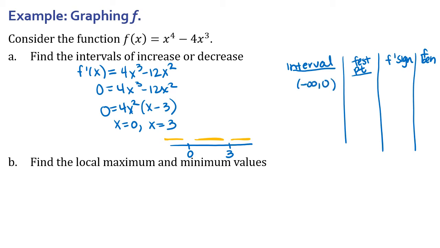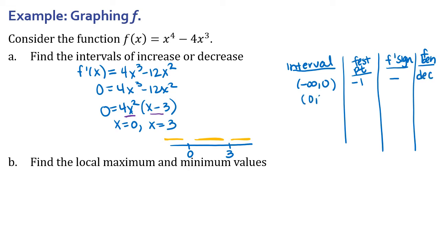For a test point, let's do negative 1. When I substitute negative 1 into my first derivative, negative 1 squared is positive, and then negative 1 minus 3 is negative. A positive number times a negative number gives us a negative number, which means the function is decreasing there.